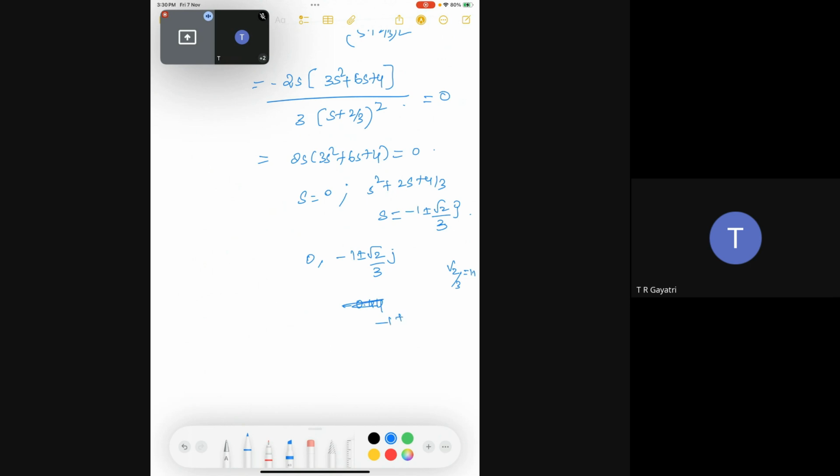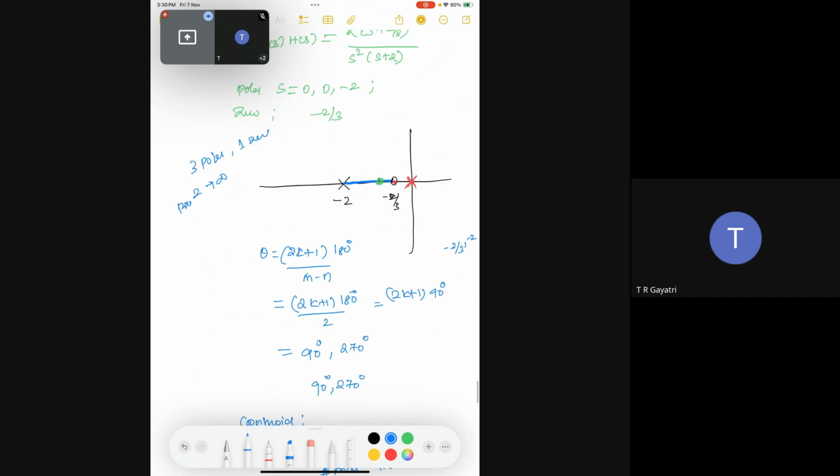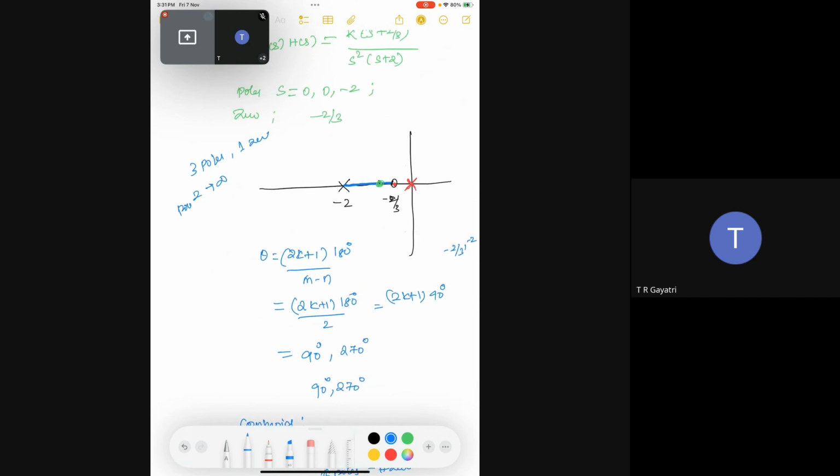No. Minus 1 plus or minus 1.4. So that will come here anywhere. Minus 1 won't come inside, no? It will. So here somewhere the breakaway and breaking point.